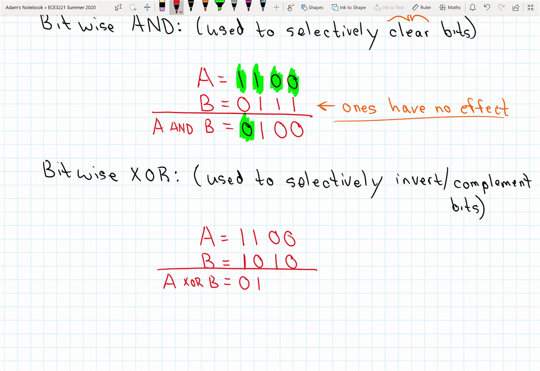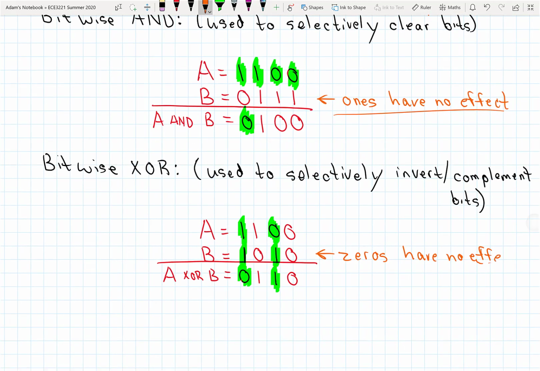Different values get a 1 out, different values a 1 out, same values we get a 0 out. So here again we'll notice that wherever we had a 1, we inverted the bit from the input to the output, right? 0 here became a 1 here. Okay, so in the XOR operation, like the OR operation, the zeros have no effect on the output, but the ones cause an inversion in that bit.